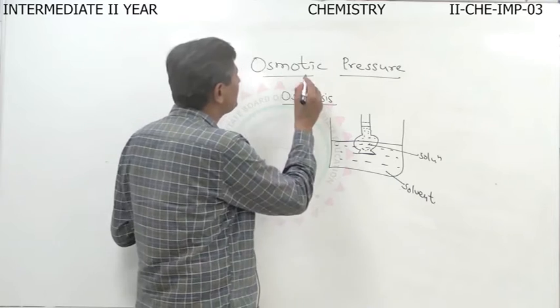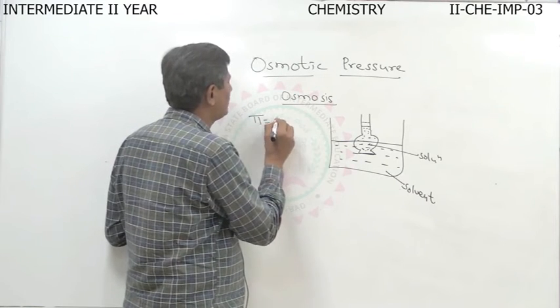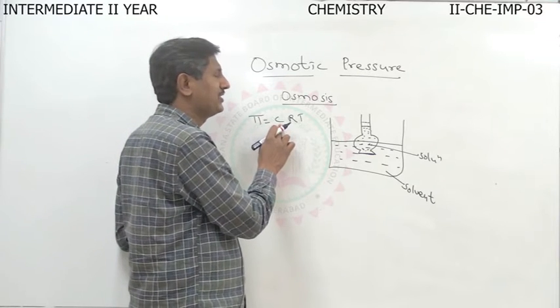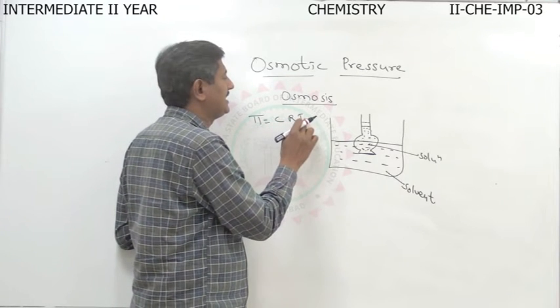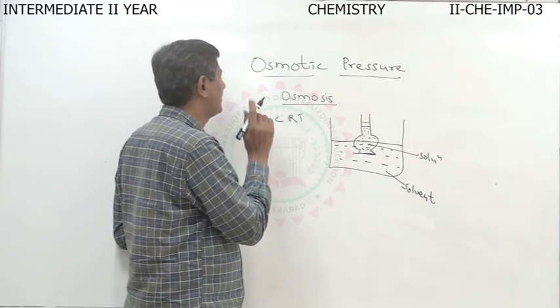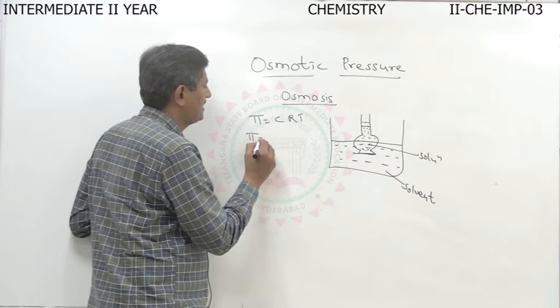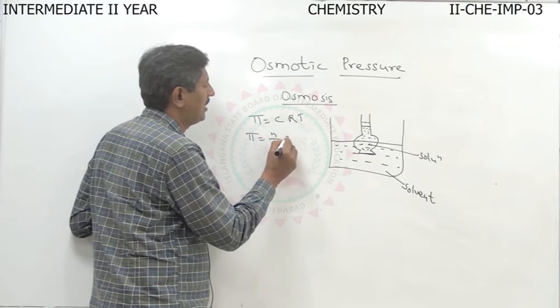So the osmotic pressure is given by pi is equal to CRT, where C is the concentration of the solution, R is the gas constant, T is temperature, and pi is osmotic pressure. C, you know very well, is moles per liter. Pi is equal to moles per liter into RT.